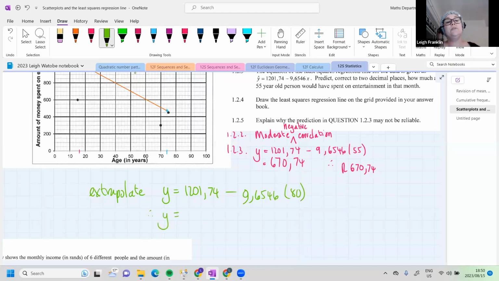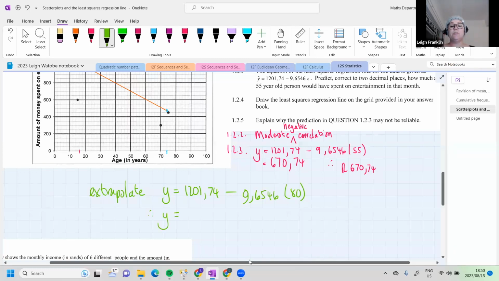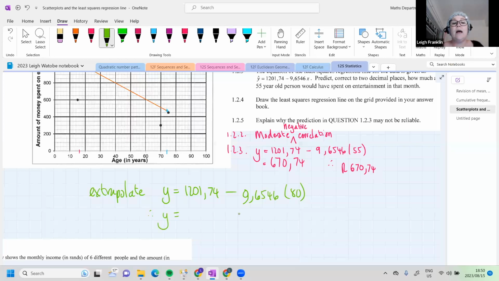So I'm using the data to say, okay, now I'm predicting what an 80-year-old would spend. This is not reliable. So my answer is irrelevant. Let's just work out what it is, but it's not really important what it is.